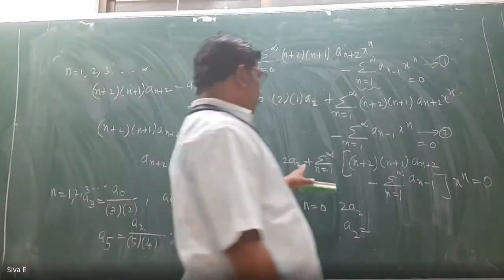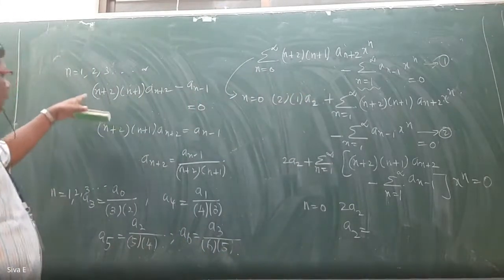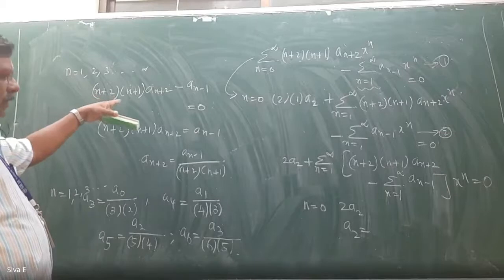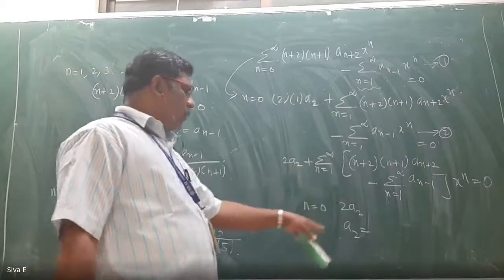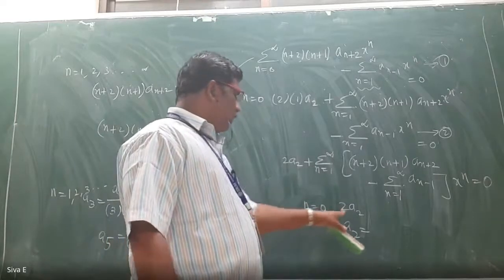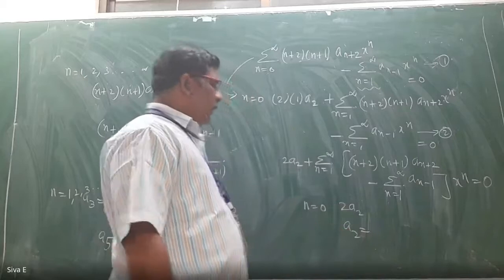I am writing here that all the coefficients are equal to 0. So what is the value of a2?